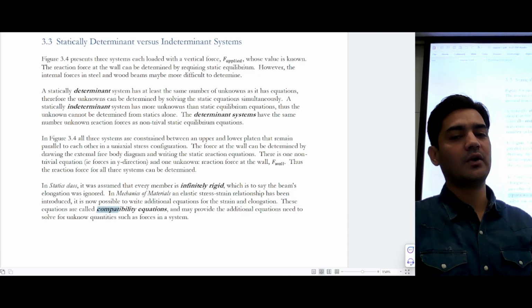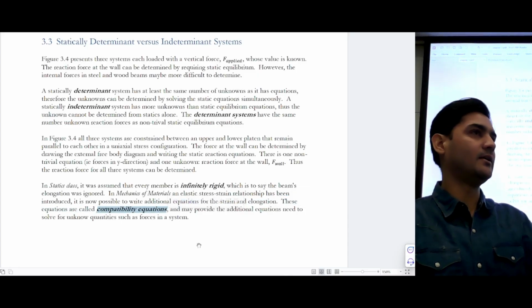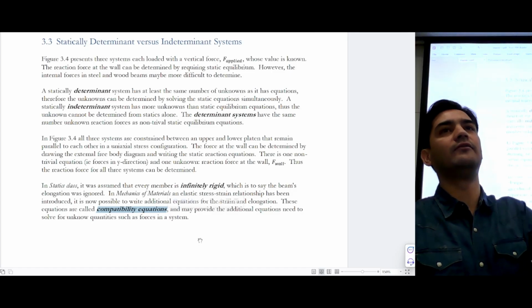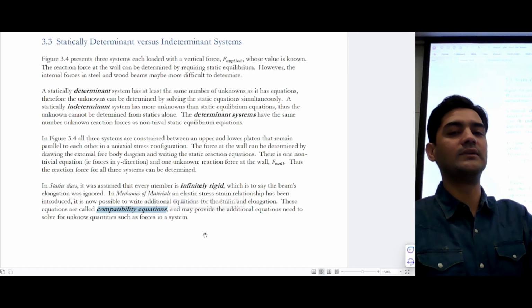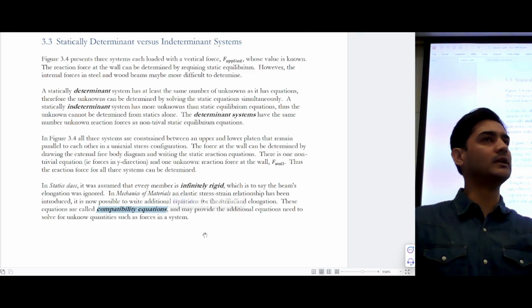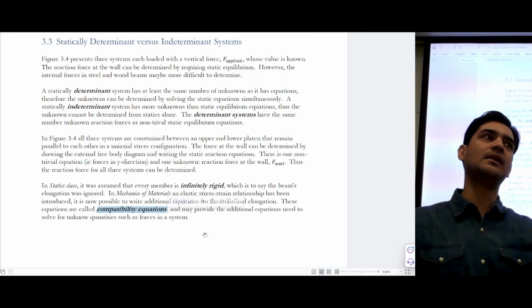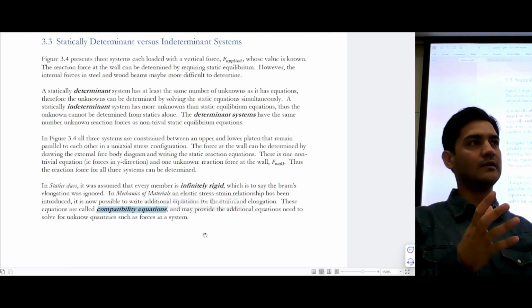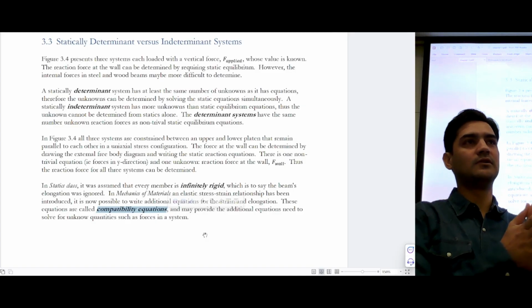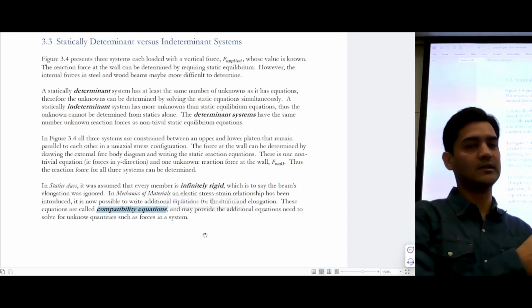These new equations, which we can generate by using the knowledge we have gained from mechanics of materials, are called compatibility equations. So whenever you have an indeterminate system, you can still solve it by using the information regarding elongations and stresses.